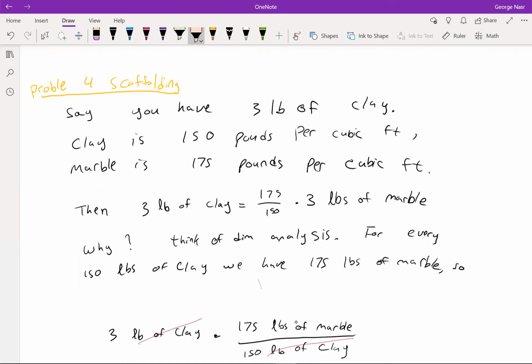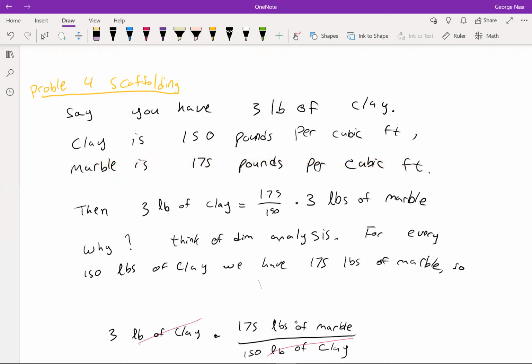So let's say you have 3 pounds of clay, which weighs about 150 pounds per cubic foot. And let's say we also know that marble is 175 pounds per cubic foot.